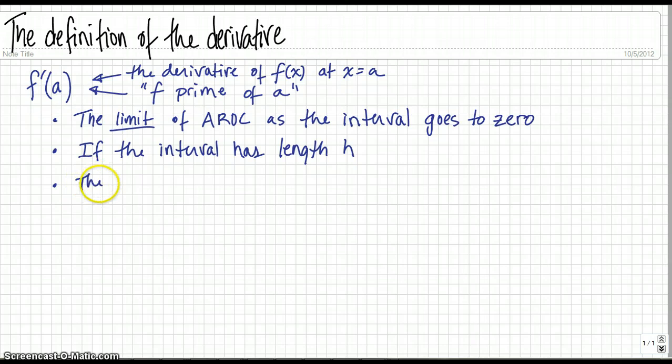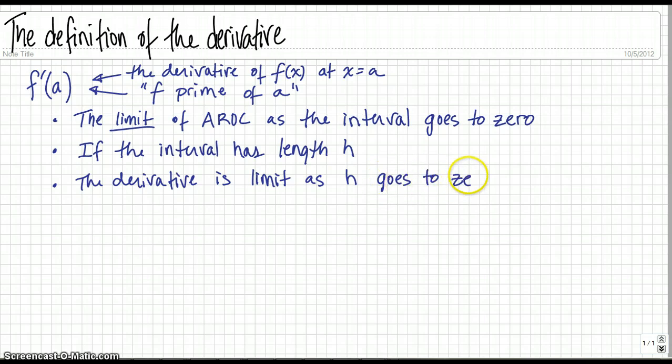So the derivative is the limit as h goes to 0. You can think of this as h gets smaller and smaller in magnitude of the average rate of change.